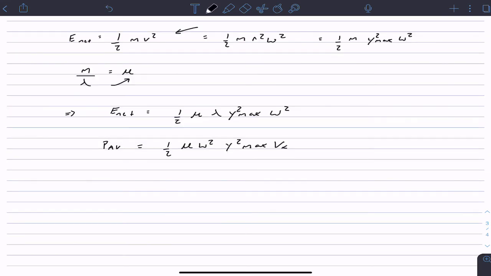We're actually looking for the energy contained in one wavelength of the wave. Since we want energy, this is still valid. All of this is in terms of things that we know, so we can solve for y max in terms of the things that we know and plug that into this equation.